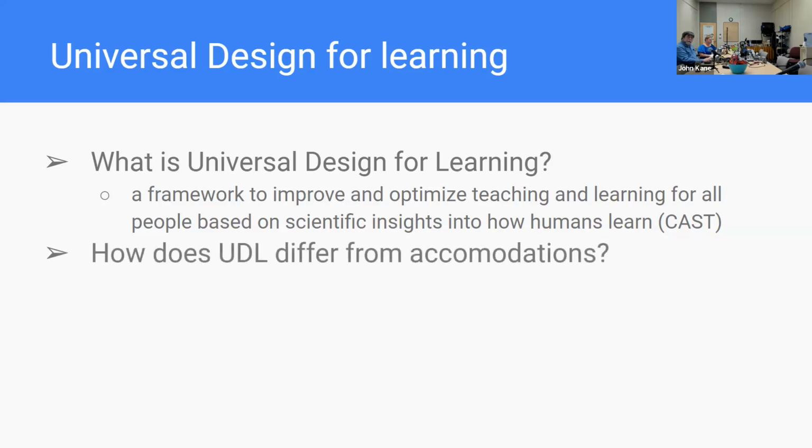But there's a framework. I've already suggested one way in which this differs from accommodations: accommodations are done after the fact, and UDL can reduce the need for accommodations by providing learning methods, techniques, and materials that will work for everyone.